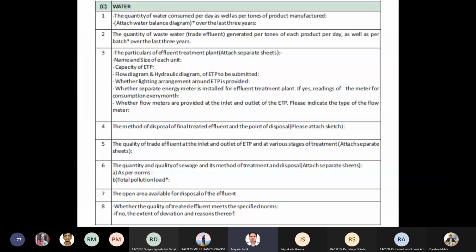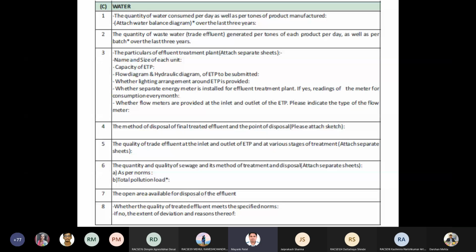Then the next section is a very important section. Here the quantity of water consumed per day as well as per ton of product manufactured is required. A water balance diagram over the last 3 years is required. The water balance diagram shows the consumption of water at various places.